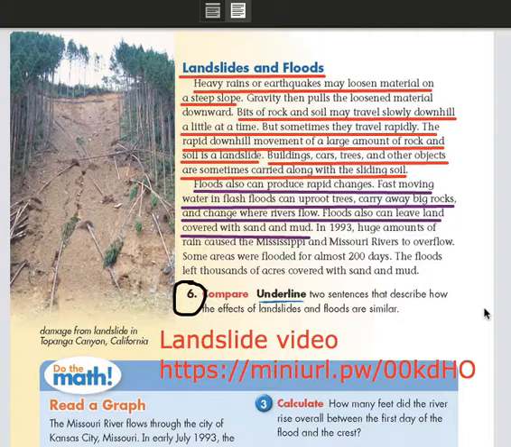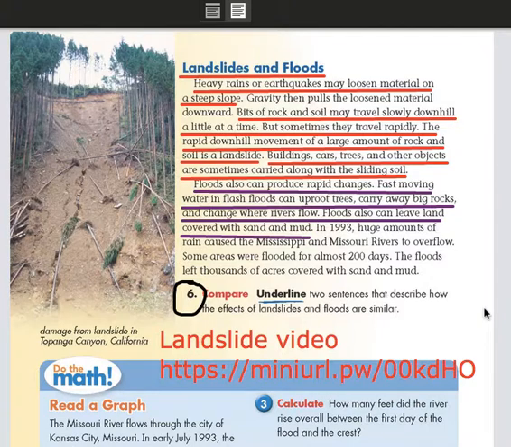Because this fast moving water can uproot the trees. When I say uproot, it means that they will remove the trees from their roots. They can carry away big rocks and change where rivers flow. All of these are resulting from floods.